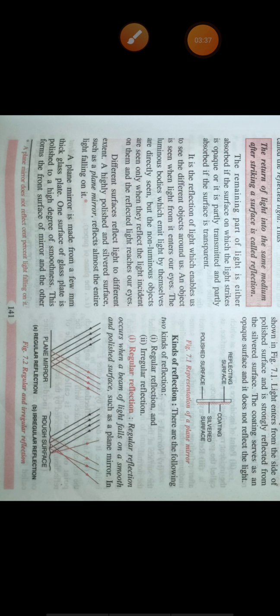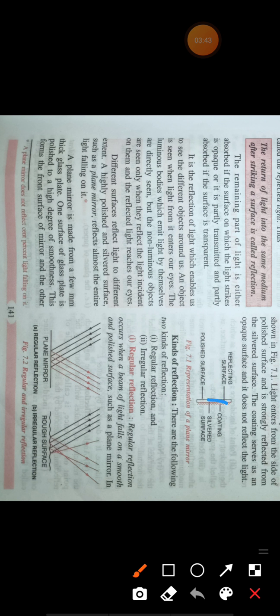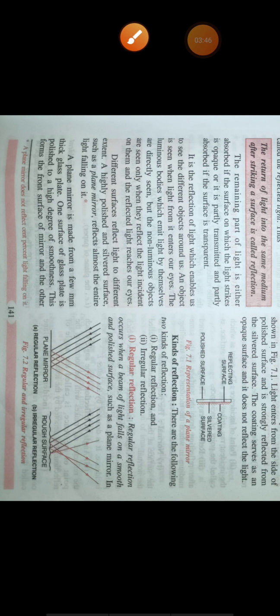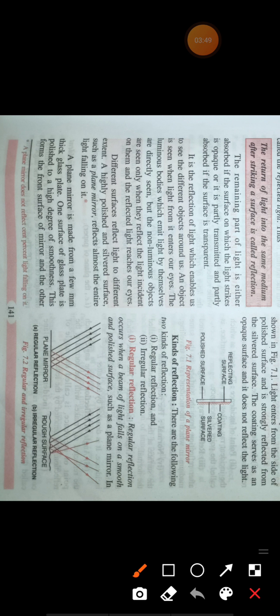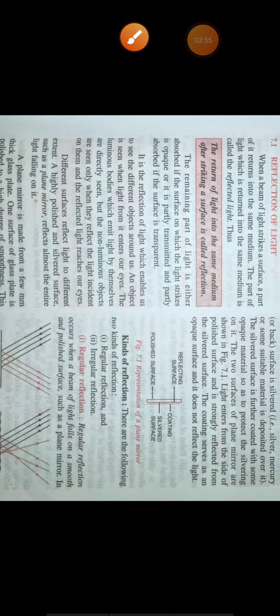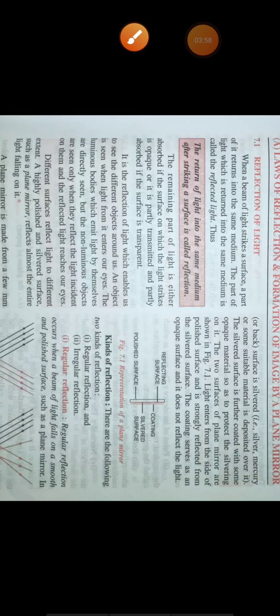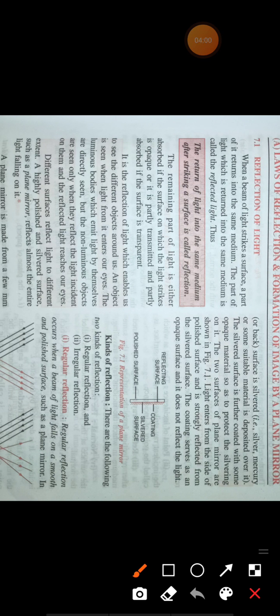A plane mirror is made from a glass plate a few millimeters thick. This is your thick glass plate. One surface is polished to a high degree of smoothness, but the other surface is coated with silver, mercury or some other suitable material.